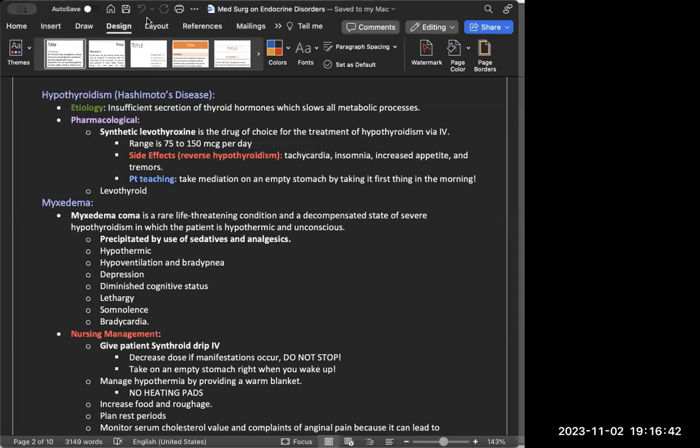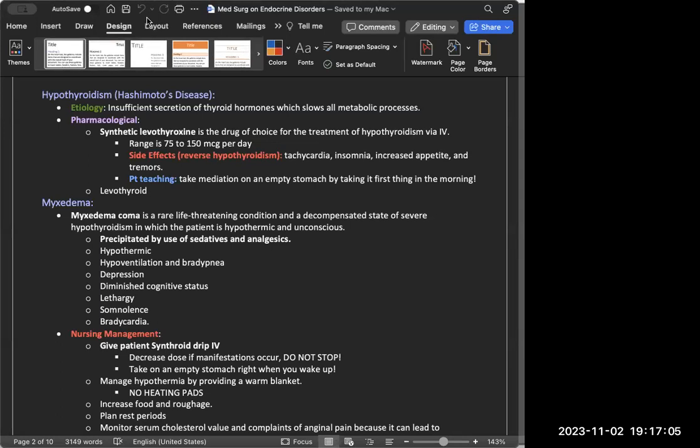And patient education is to take this medication on an empty stomach, first thing in the morning, because remember, we said in hyperthyroidism, or the symptoms of it, they have diarrhea, right? So if we take this medication with food, there's a risk of GI upset. So we're going to take this medication on an empty stomach. That's really important.